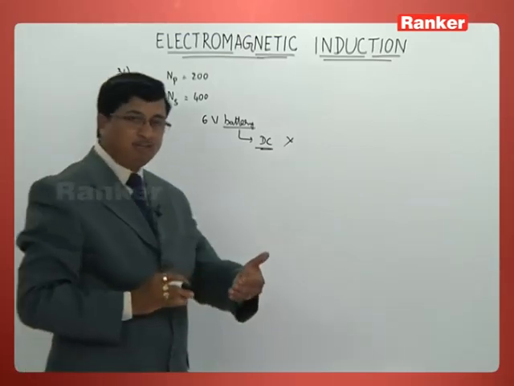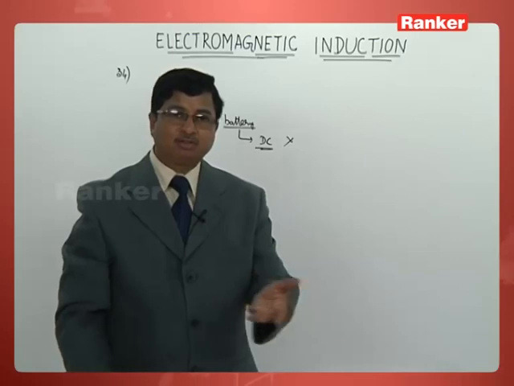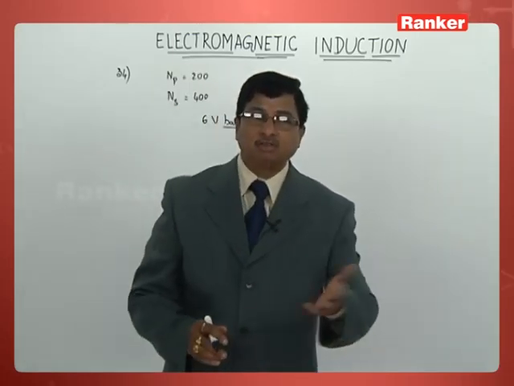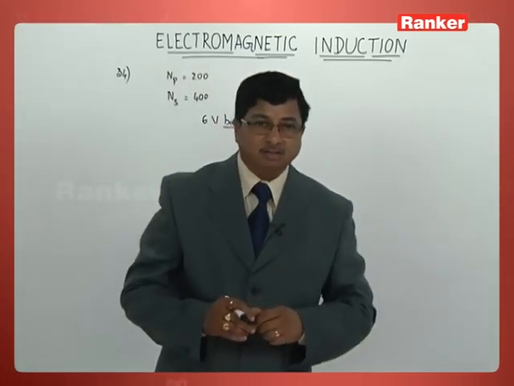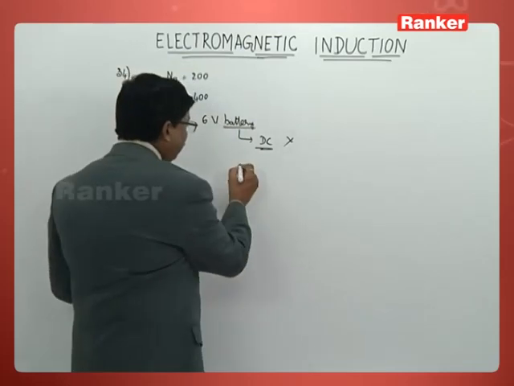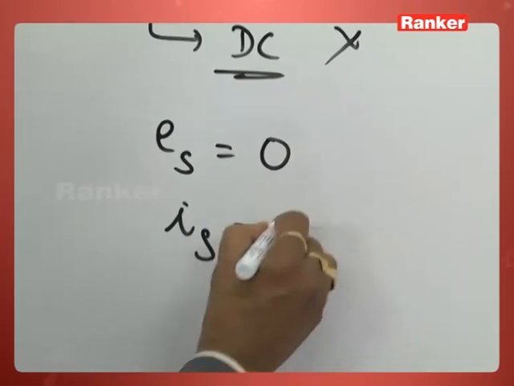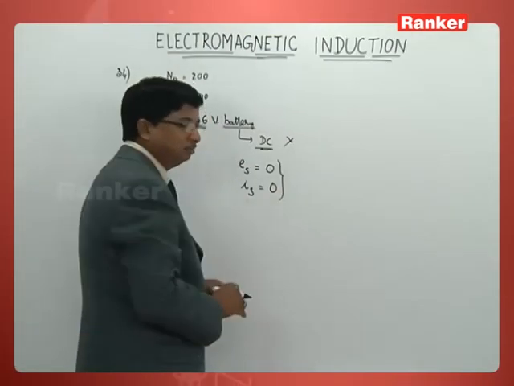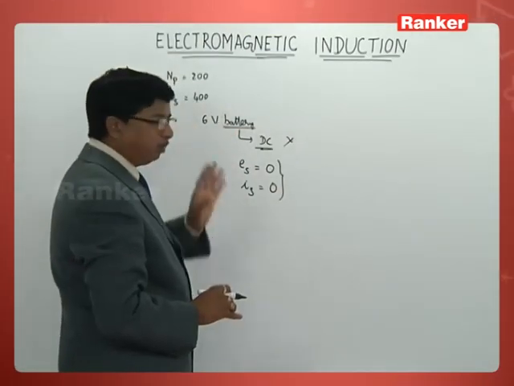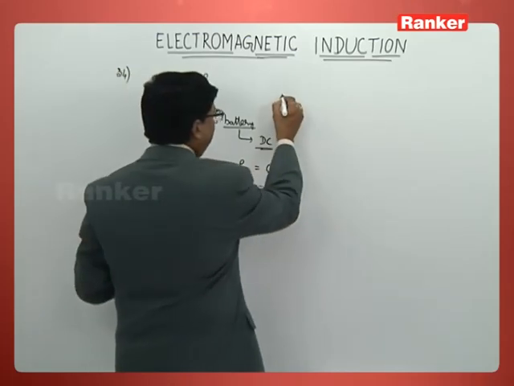When transformer is not responding, where is the question of secondary voltage? Where is the question of secondary current? Then certainly you can understand E secondary will be 0, I secondary also will be 0. So what is the one and only point? One point you have to remember.